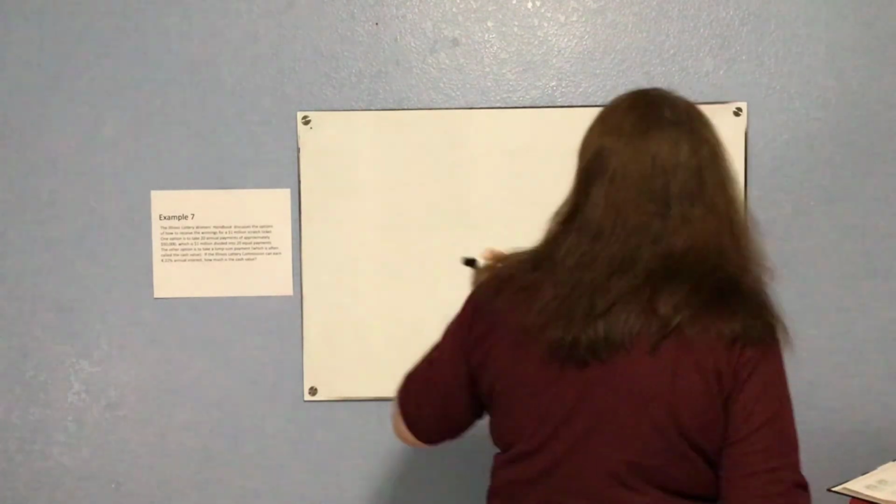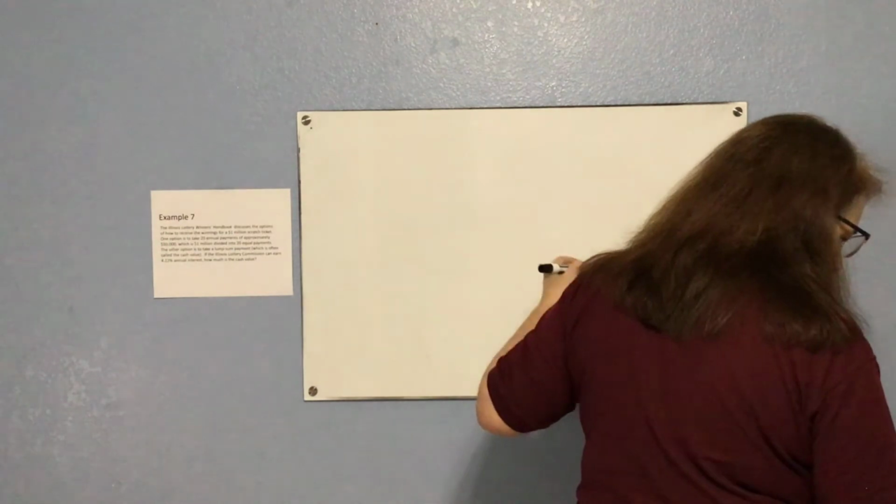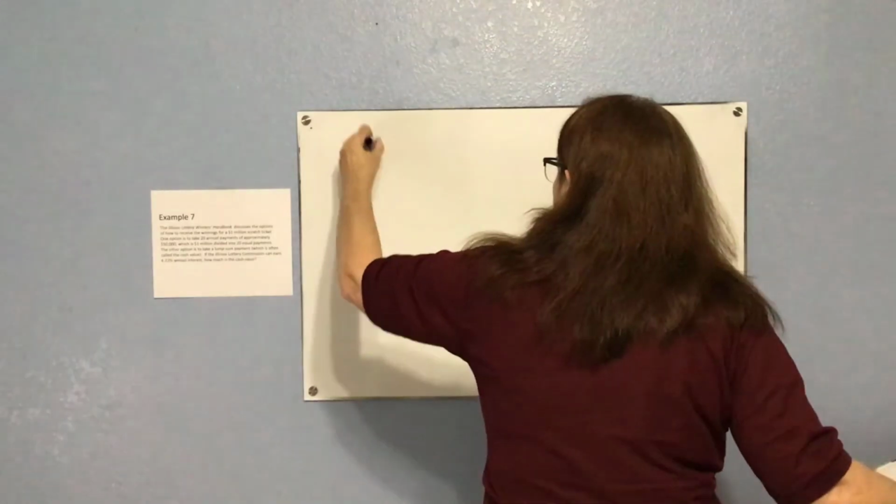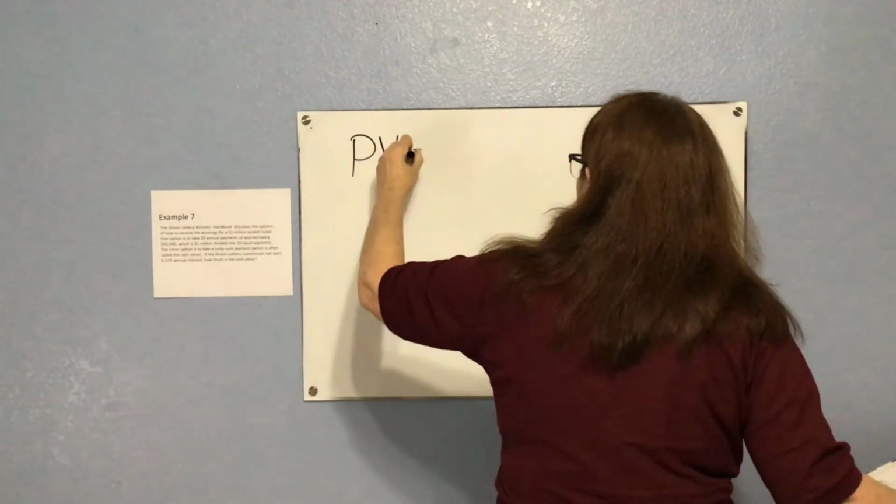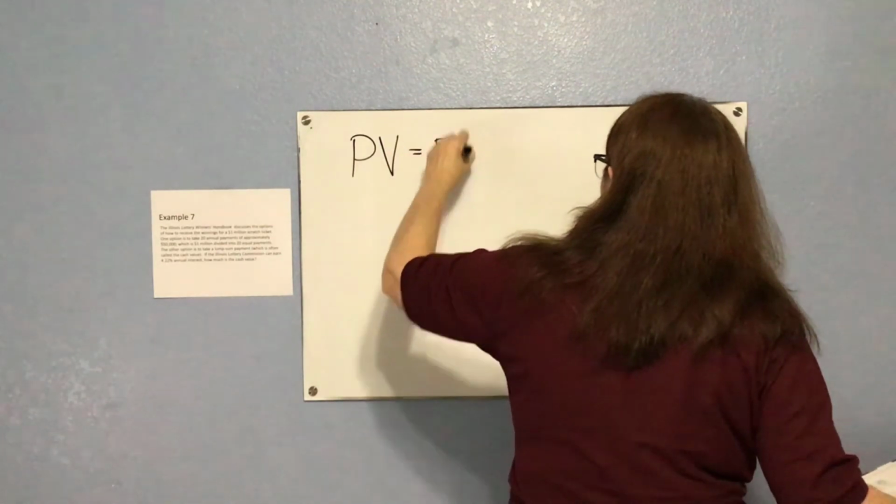In our last example for this section, we're going to look at the difference in payments on lottery winnings, whether you take the lump sum or annual payments over a period of years. To do this, we need to look at a new formula, and it's this. This is a formula for an annuity due.